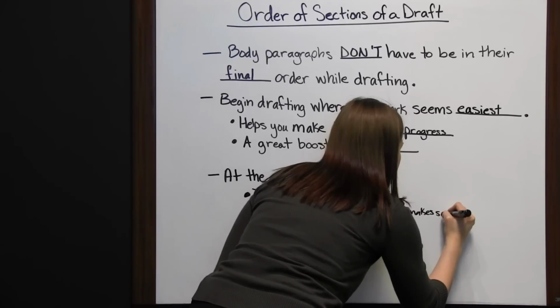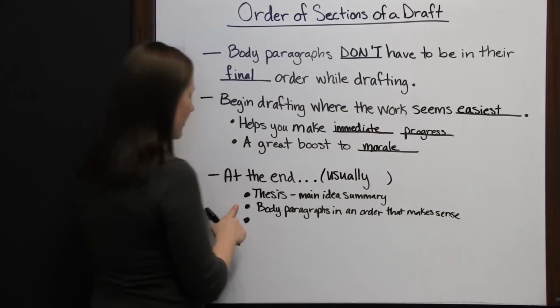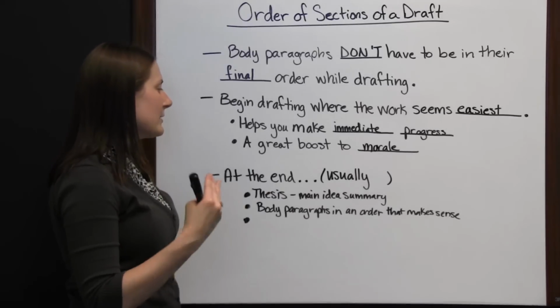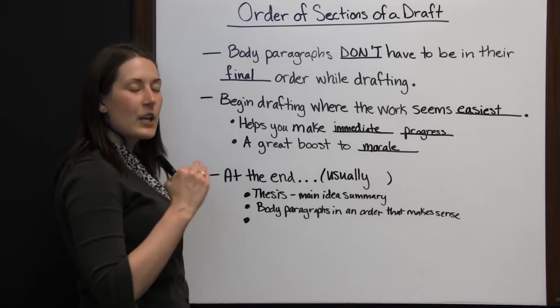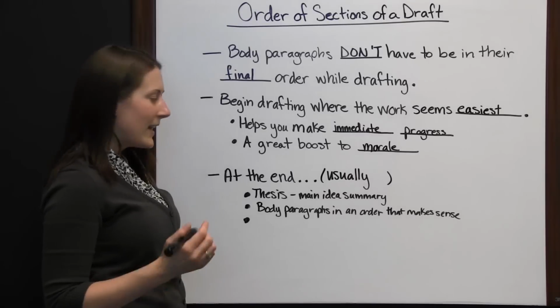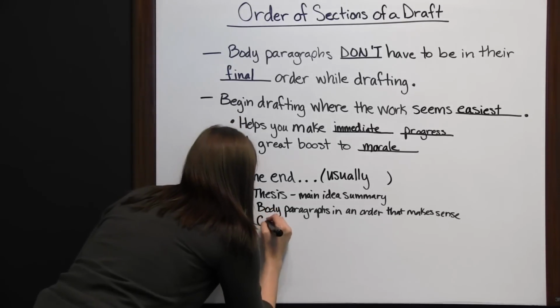So you may not have had them in this order whenever you first started, but now that you see how your paper has been organized, how it was flowing, you have your body paragraphs in an order that makes sense to what you're writing. And then at the end, you're going to have a conclusion.